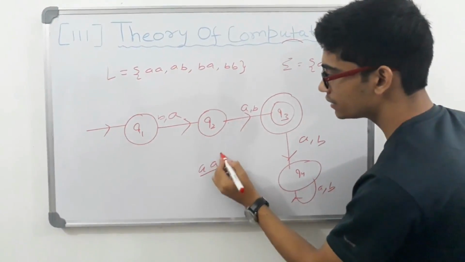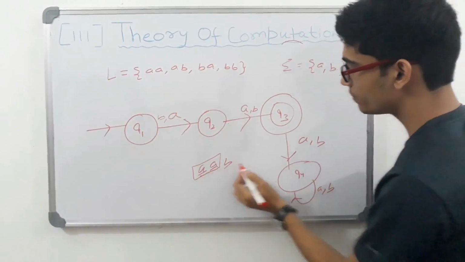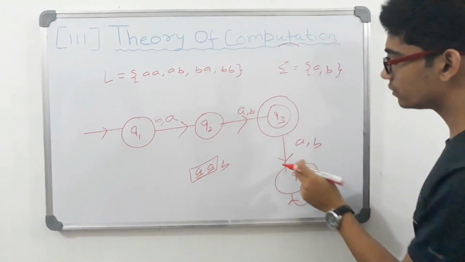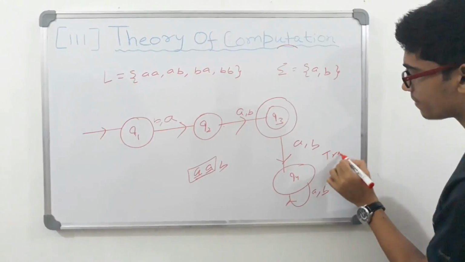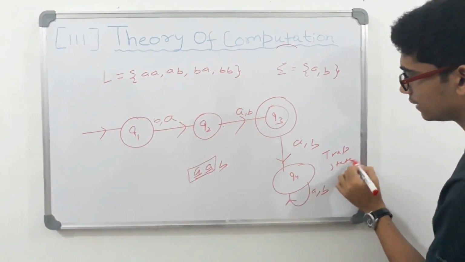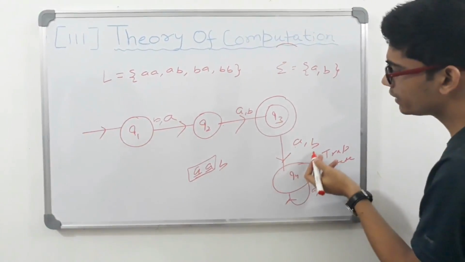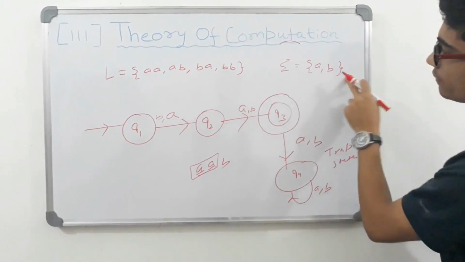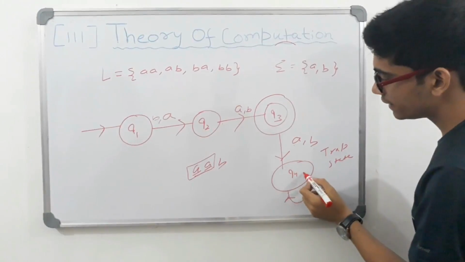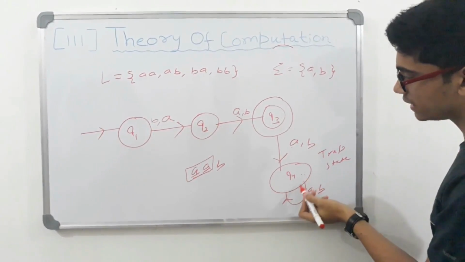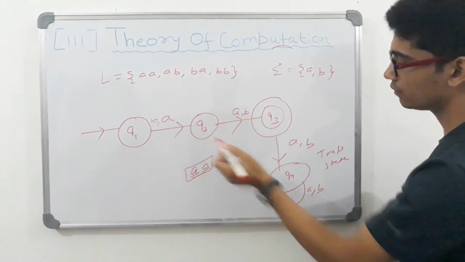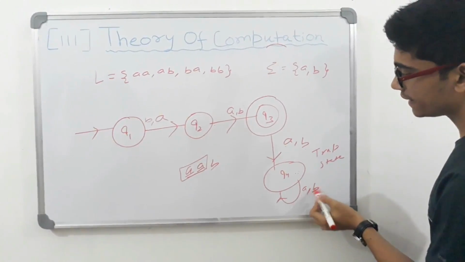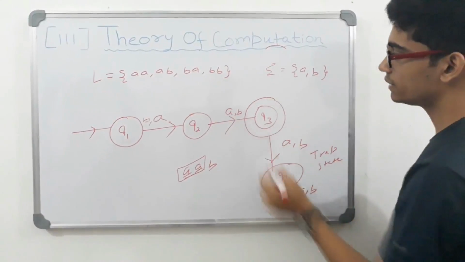Whatever we get after these two characters, we must not be in a final state. So this is a trap state. Just keep in mind, whether we get A or B from the alphabet set, we will be at Q4. This is a trap state, and from here we never go back. At Q4, if you get anything, A or B, you stay here only. So this was a trap state.